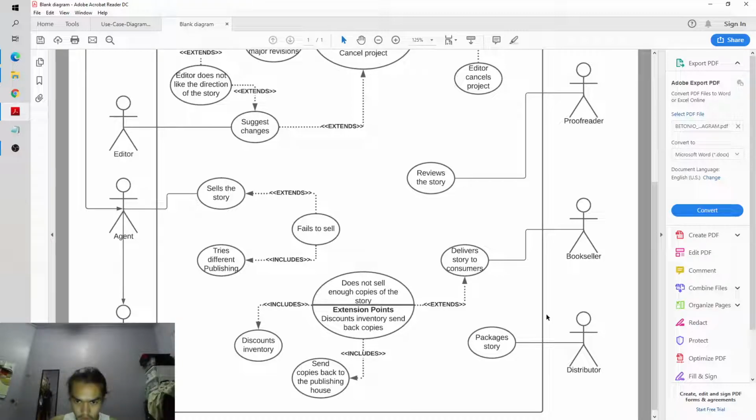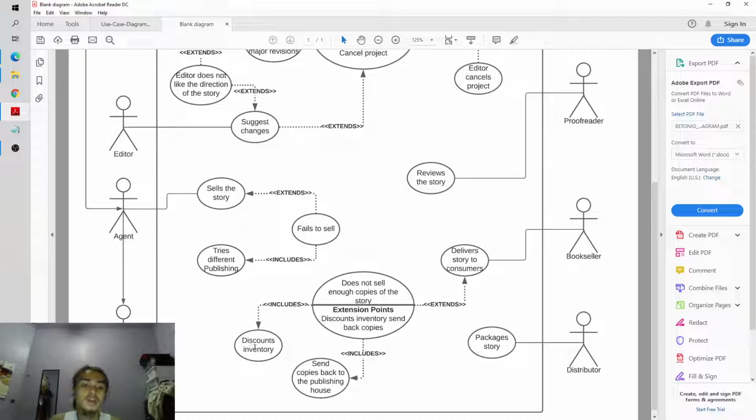So here the bookseller does not sell enough copies of the story. So the extension points are discount inventory and send back copies.